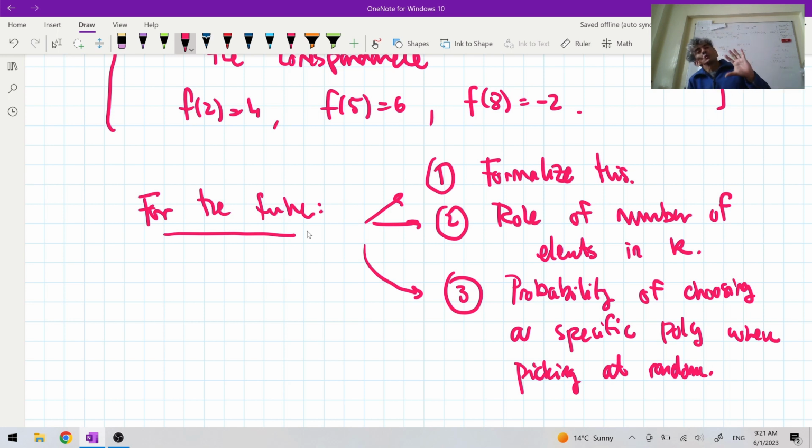Okay, so these are the following steps in our polynomial endeavor.